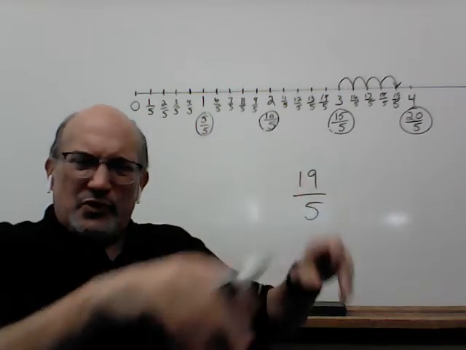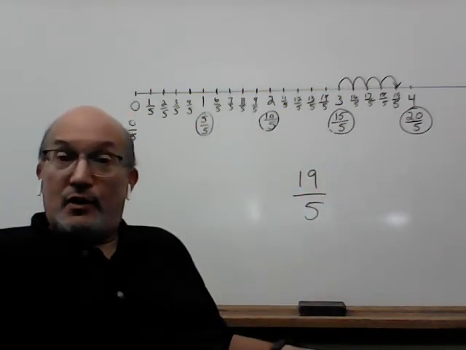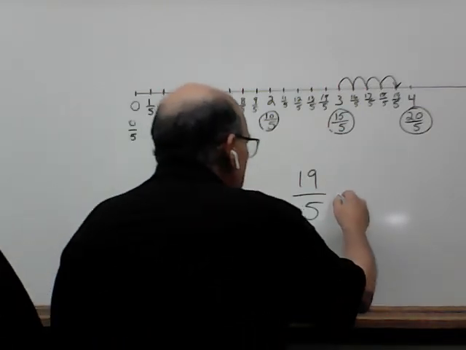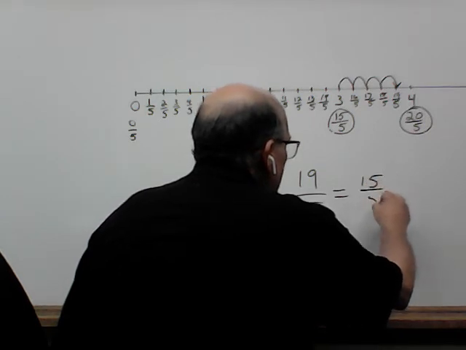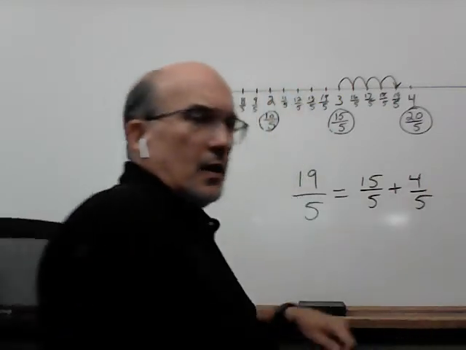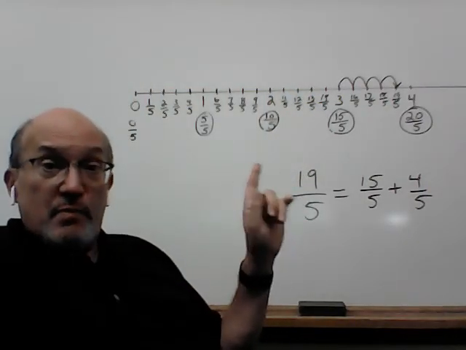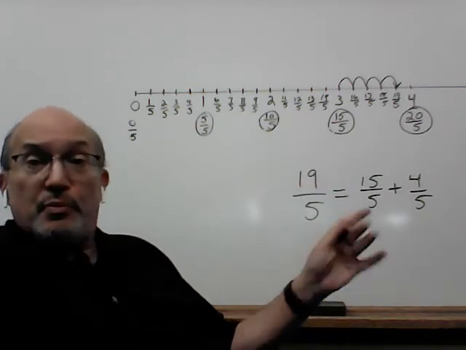If that sounds confusing, it's just because you're not familiar with the vocabulary as much as I am, being around on this earth for so long. But how about this? You should be convinced that 19 fifths can be thought of as 15 fifths plus 4 fifths.